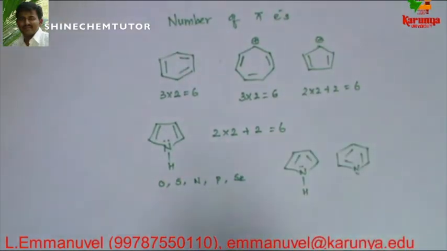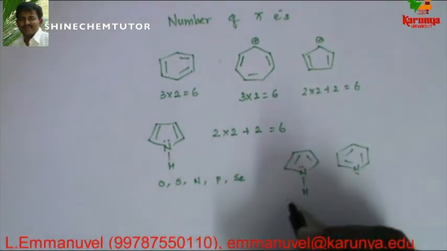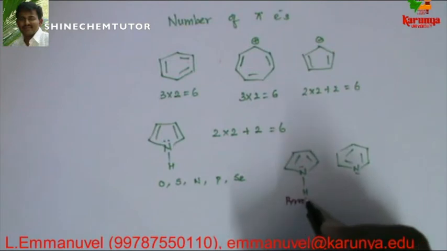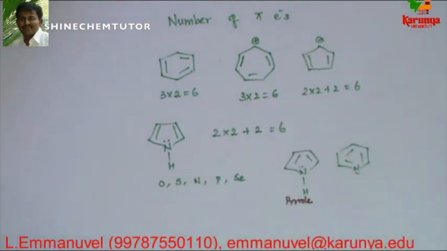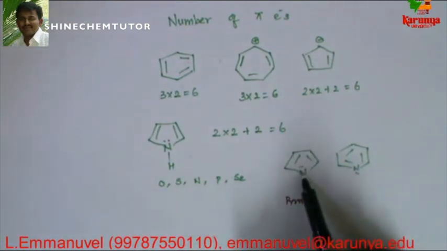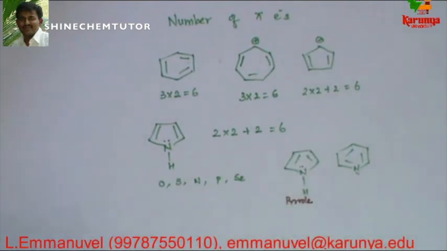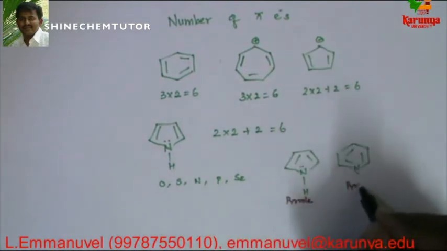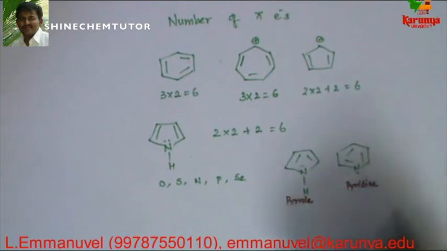The interesting thing is the comparison between these molecules. The first one is pyrrole. I mentioned the lone pair on nitrogen gives 2 electrons for the molecule, so it becomes aromatic. What about this pyridine? Already there are 6 electrons.